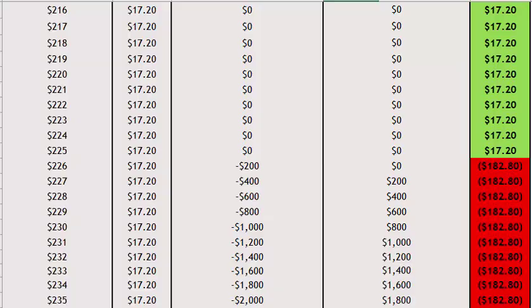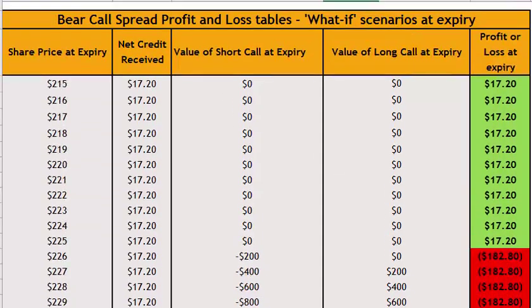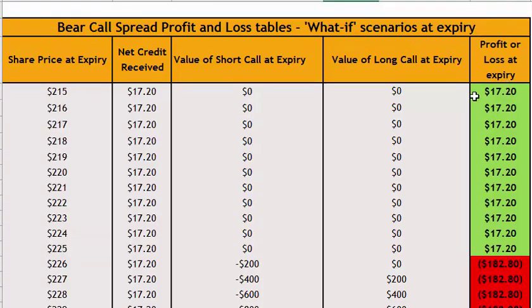So we do that for every potential outcome. But we also bought the $226 call. Again, you can see that there's no value in those right up to 226. But after that, there's positive value for us because this is a call option that we own. Therefore, the value is a positive for us. When we move over to the right hand side there, you're going to see all this is our profit and loss for the entire trade.